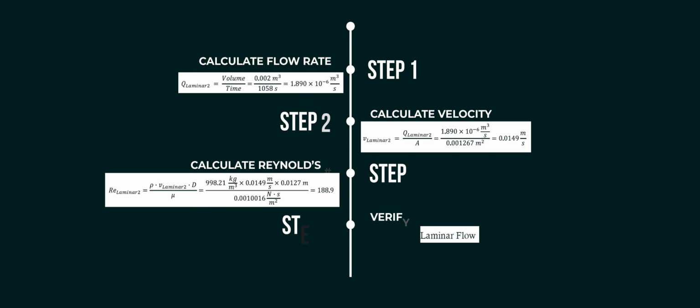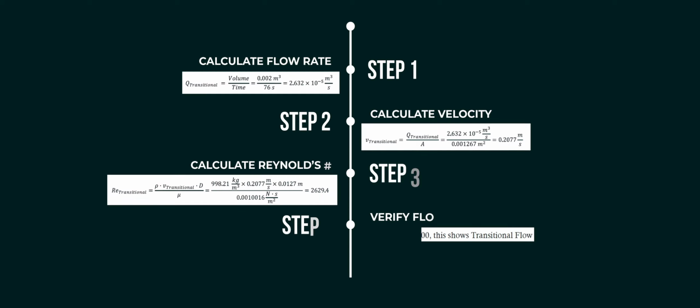We redid that experiment again after closing the valve and reopening it until we got laminar flow, and this time it took 1,058 seconds to fill up the 2-liter container, which gave us a very slow velocity of 0.0149 meters per second. That gave us a Reynolds number for the laminar flow of 188.9, which once again is well below 2000.